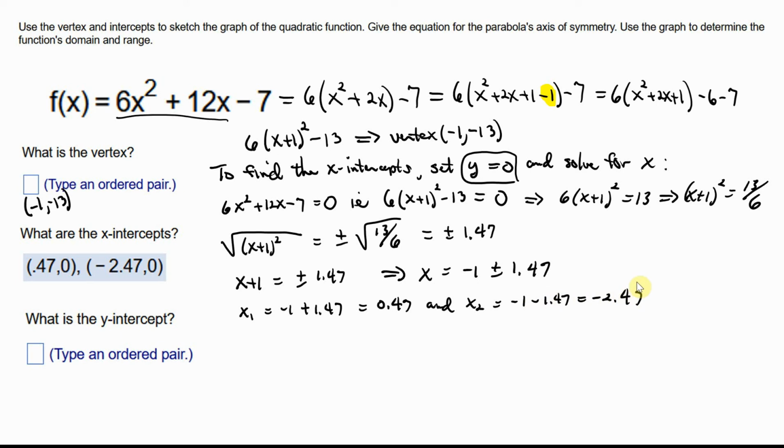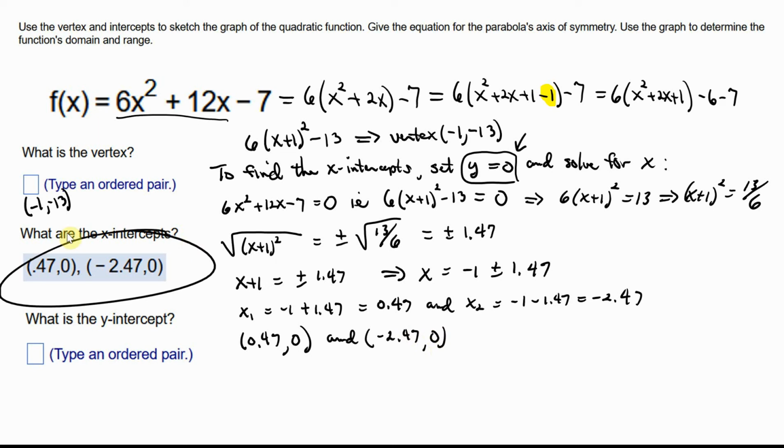Now to write the intercepts, they want those as ordered pairs. So that's how we have to say the x value, 0.47, and the y value, we set that equal to 0, you remember? So that's comma 0. And the other value is negative 2.47, comma 0. And you put that in my math lab like that.